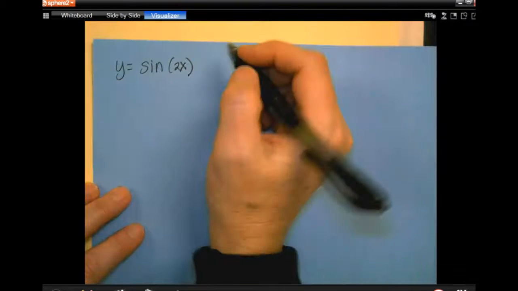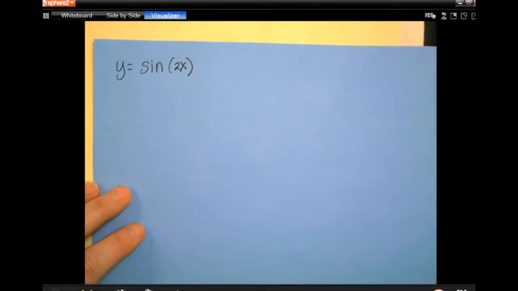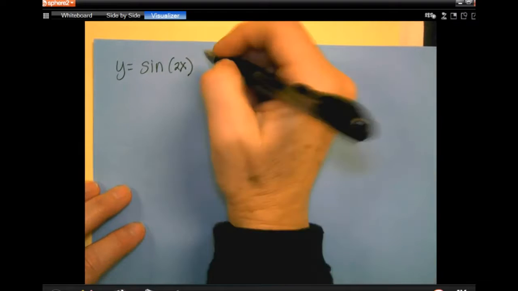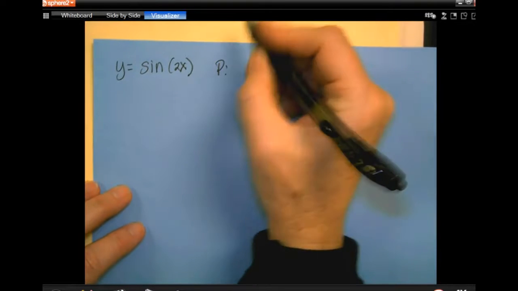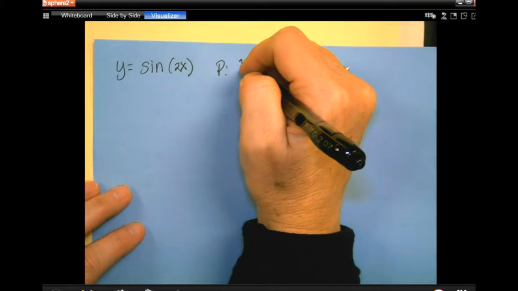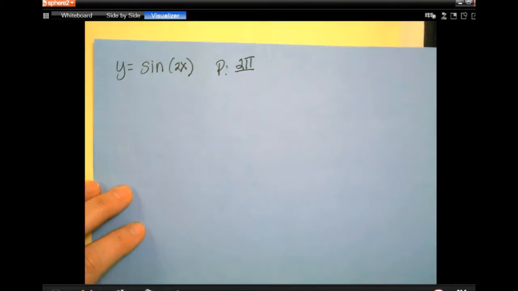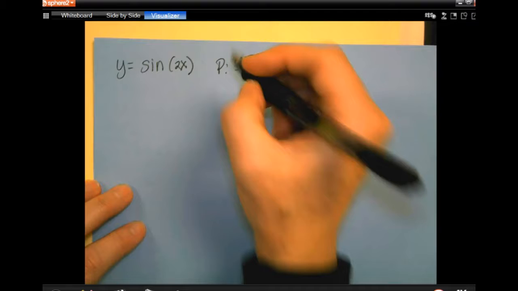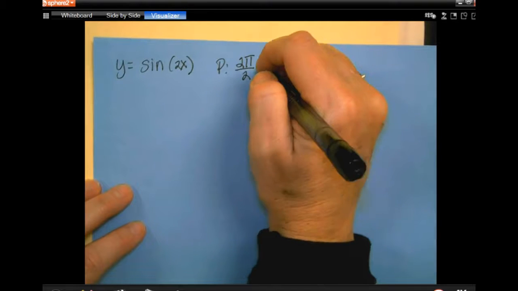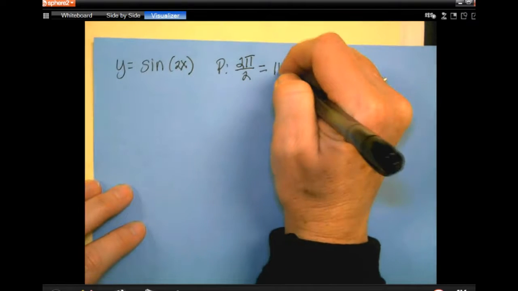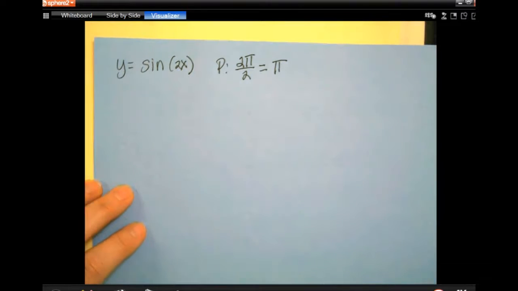So the period for sine and cosine are both 2 pi or 360, and then the tangent is 180 or pi. So the period is going to be, we take the 2 pi, and what's the number in front of the x? So I'm going to divide, so the 2's cancel out, so the period this time is pi.